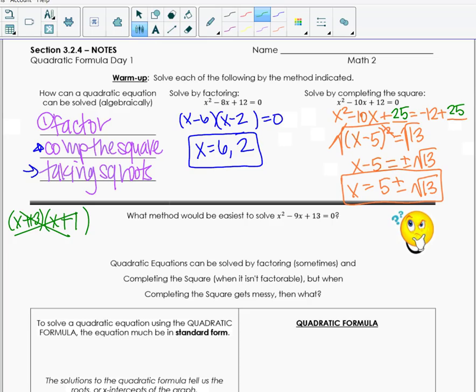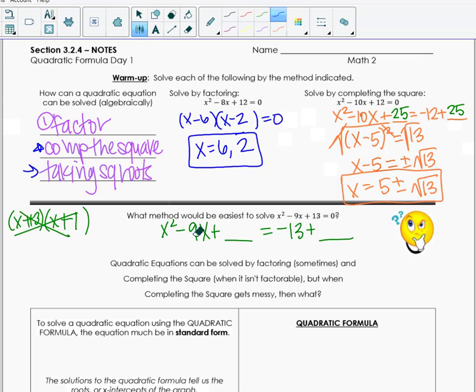Okay, so when factoring doesn't work, our next options are completing the square and taking square roots up here. Well, taking square roots is not an option because I have a squared term, but I also have an x term. You can only take square roots when you have a squared term only. So I have to complete the square. So we have x squared minus 9x plus a blank equals -13 plus a blank.